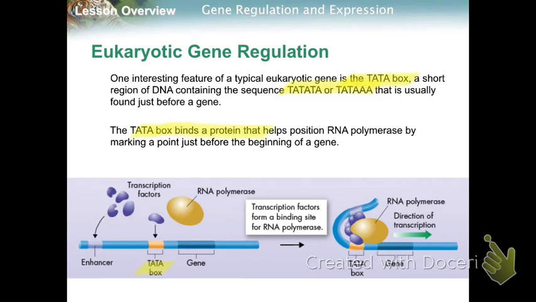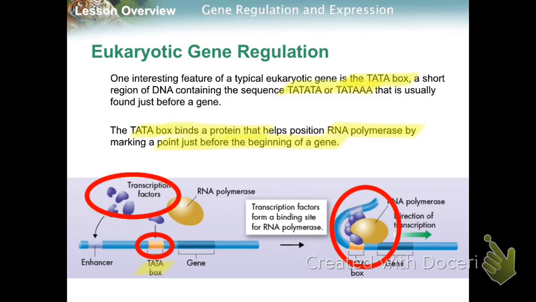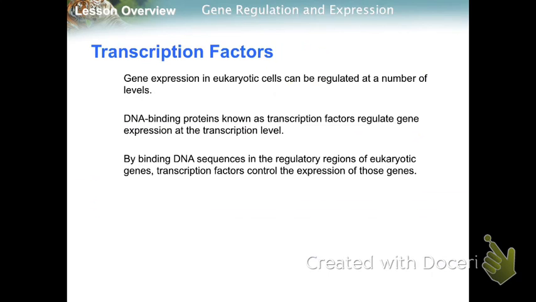This TATA box binds a protein that helps RNA polymerase get positioned on the DNA just before the beginning of a gene. So you can see what happens here. There are transcription factors, which are proteins. They bind to the TATA box and get RNA polymerase situated so that it can go ahead and start transcribing DNA and producing mRNA.